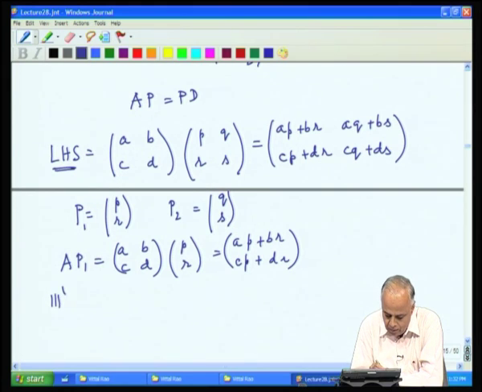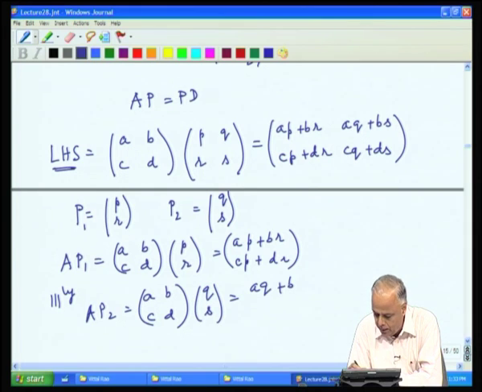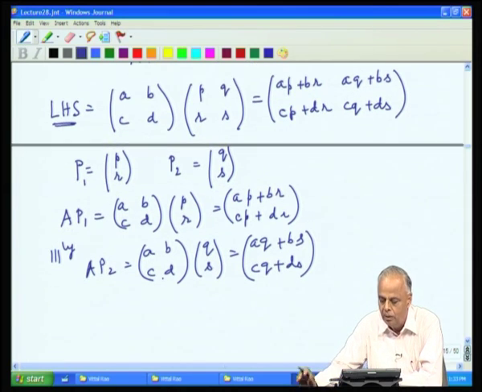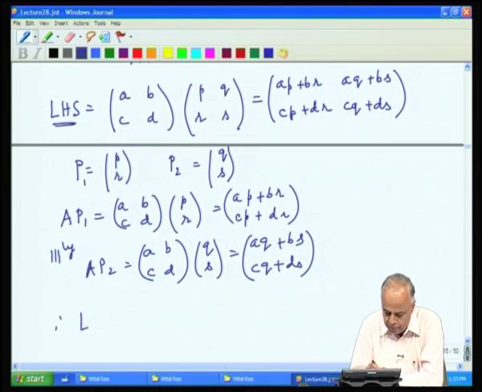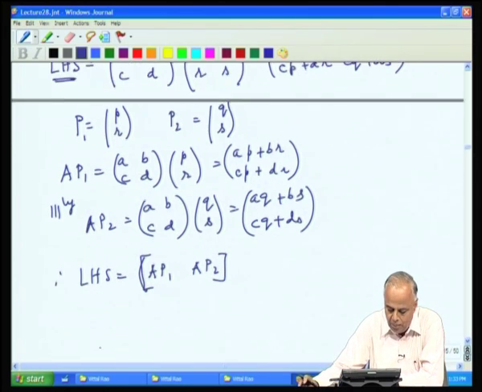Similarly, A P 2 is A B C D into Q S, which is A Q plus B S, C Q plus D S, which is the second column of this LHS. Therefore, LHS is the matrix A P 1, A P 2. The first column is A P 1 and the second column is A P 2.